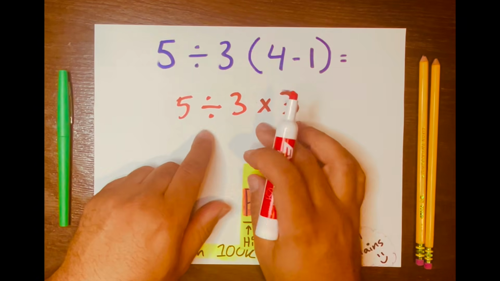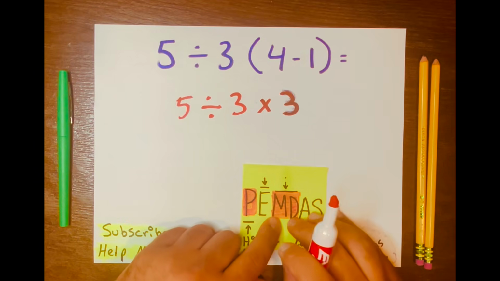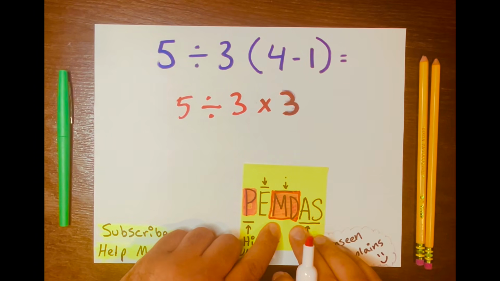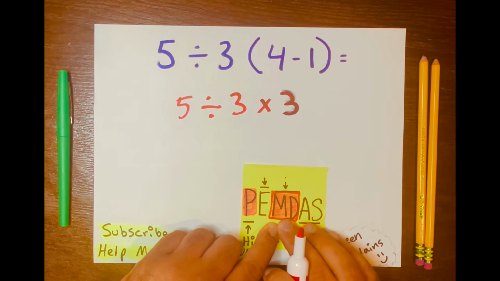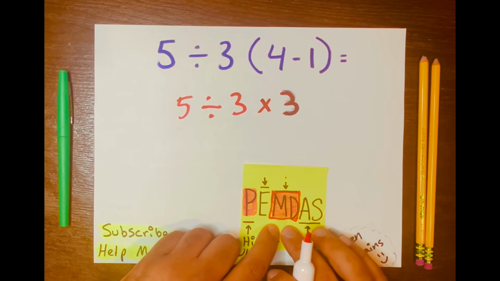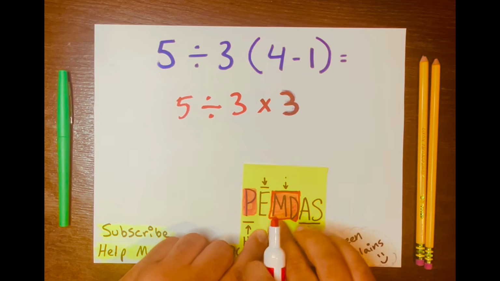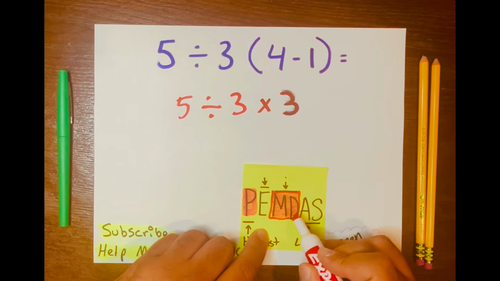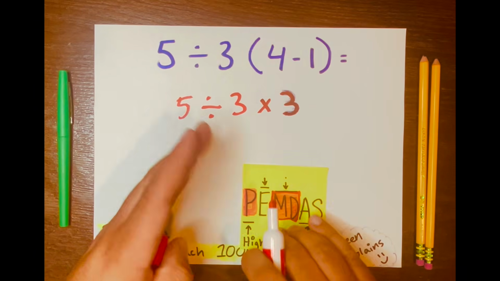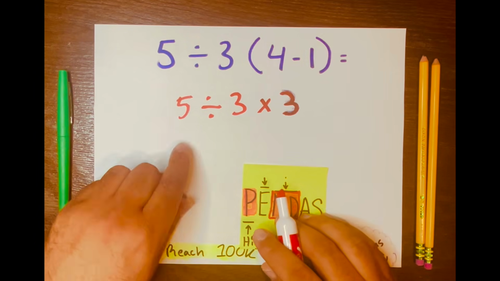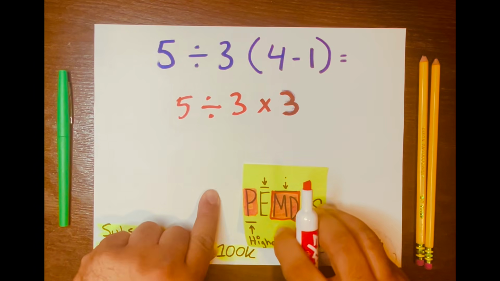And both operations are within this level. You don't go by the letters in a strict order. You follow the left to right according to its levels. So 5 divided by 3 will go first.